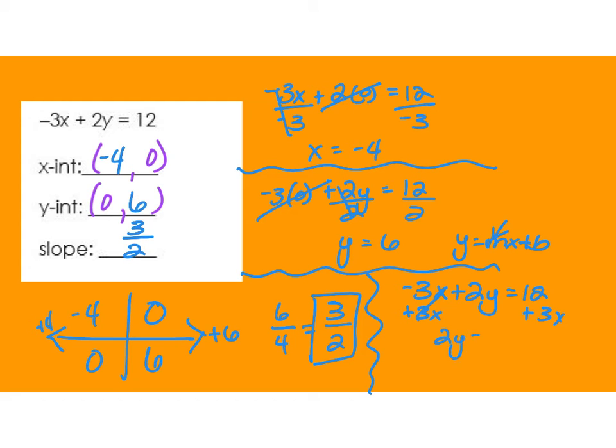So I have 2y equals 3x plus 12. Dividing by 2 on everything. Oops, I forgot that. So y equals 3 over 2x plus 6. Isn't that weird? Isn't that our y-intercept, the 6? Right? And our slope? So 3 over 2. So it works out just the same.